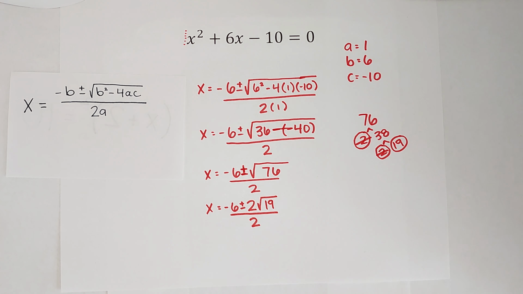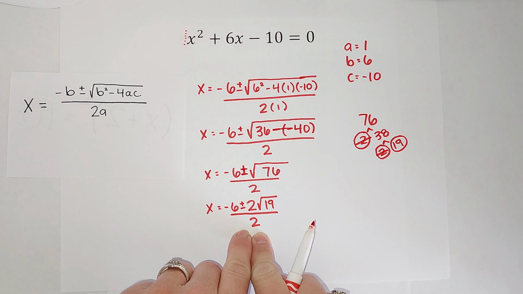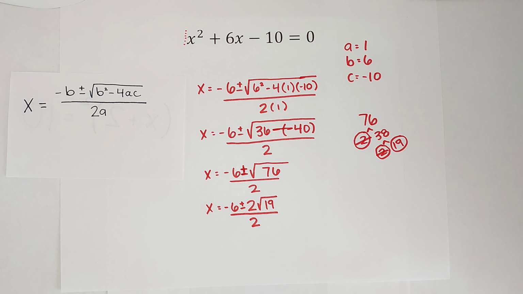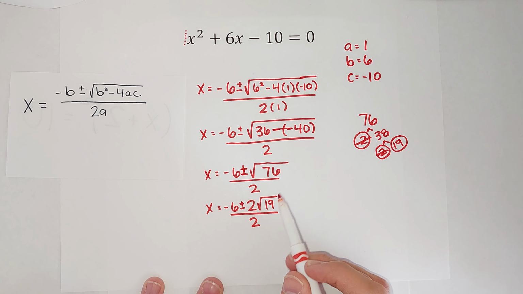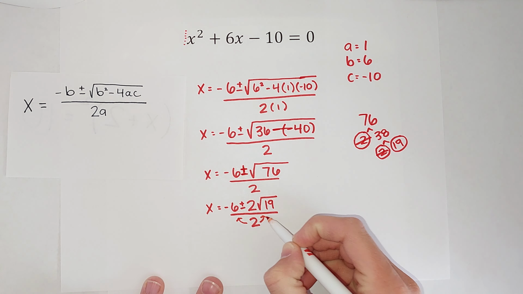Okay, we can get it to look a little better. The next thing I can do is distribute this 2. You might be used to using the distributive property with multiplication, but it also works with division. So since I can't add or subtract these on the top because of that square root, I would be stuck, except the distributive property tells me I can distribute this 2 to each side.